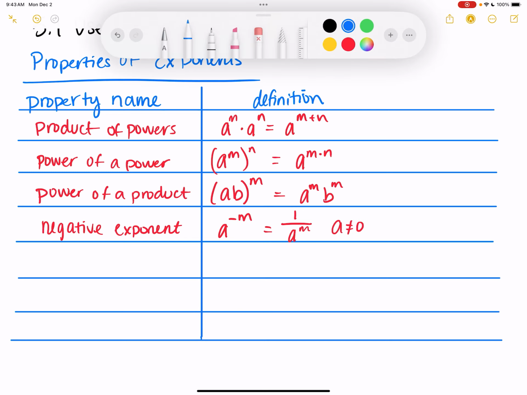Little catchphrase for this is put it where it ain't. Make it positive. So if you have a negative exponent on the bottom, we move it to the top by making the exponent positive. If it's on the top, we move it to the bottom by making the exponent positive.